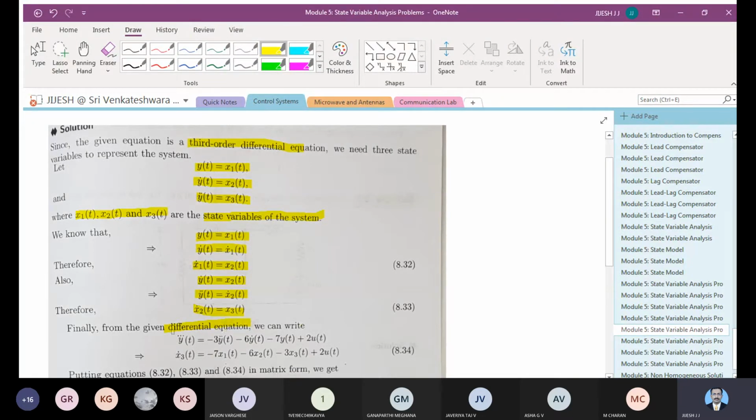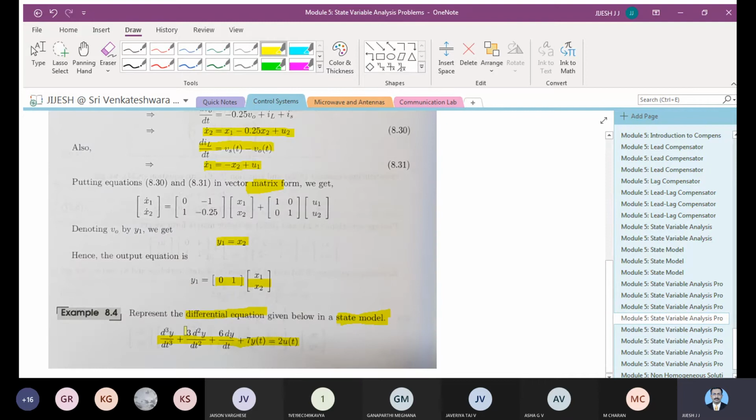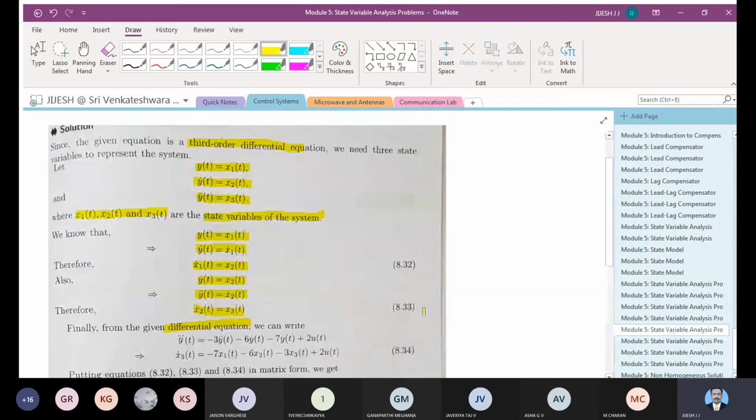So y triple dot is equal to, taking the equation, minus 3y double dot minus 6y dot. So y triple dot of t is equal to minus 3y double dot of t minus 6y dot of t minus 7y of t plus 2u of t. This we have purely written from the differential equation which was given in the problem.